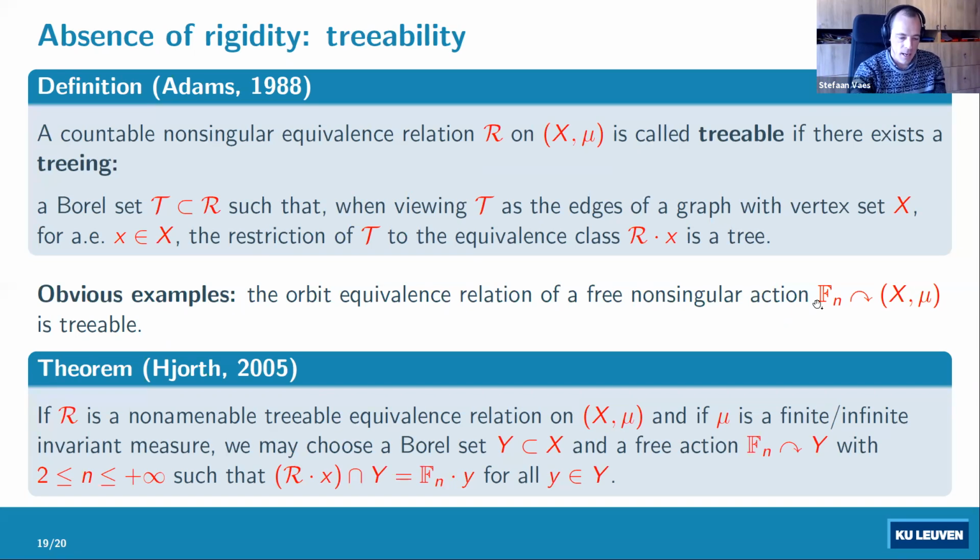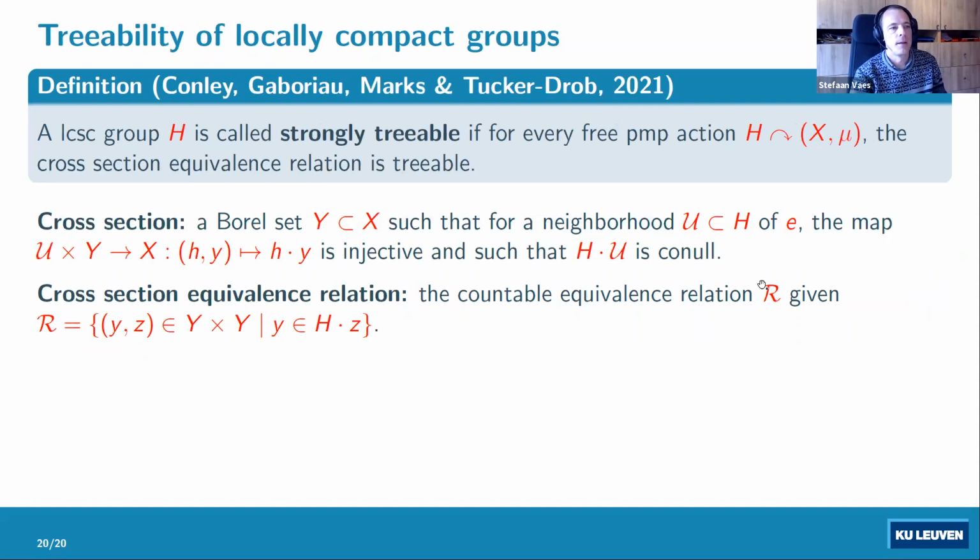Okay, now what about the connection to my main example? Because I should now go back to my SL2 Z[1/p]. And for this, we will need treeability, but now for locally compact groups. That's only a recently studied notion, although versions of the paper and certainly results in talks have been present for a few years already.